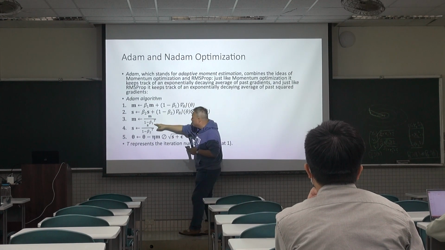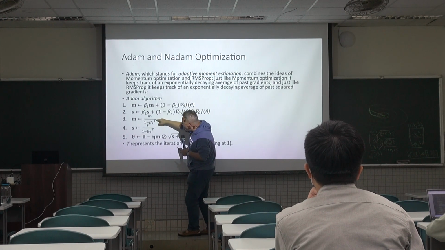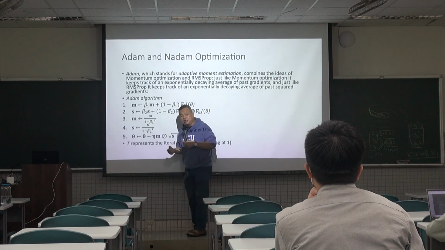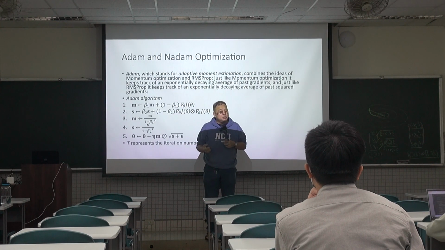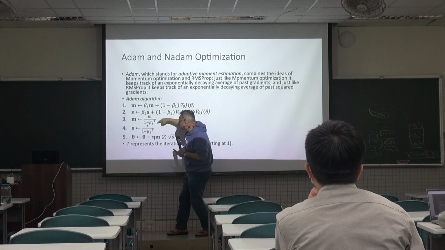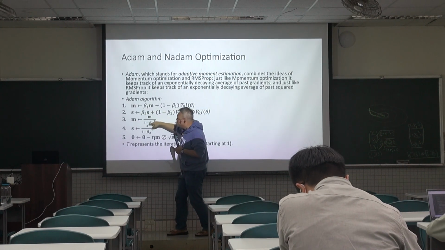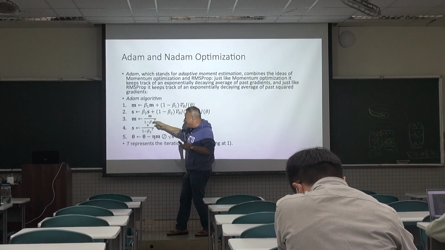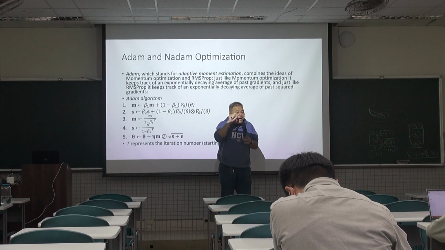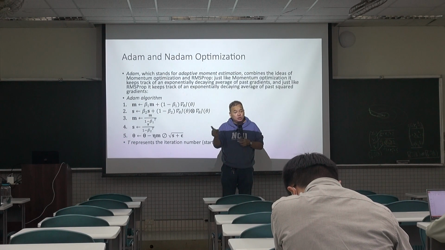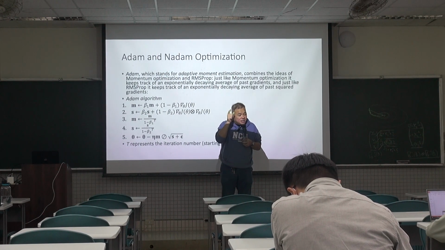So 0.9 to the power of 1, and 1 minus that is pretty much 0.1. It means we intentionally enlarge the value of M initially. Why do I keep saying initially?